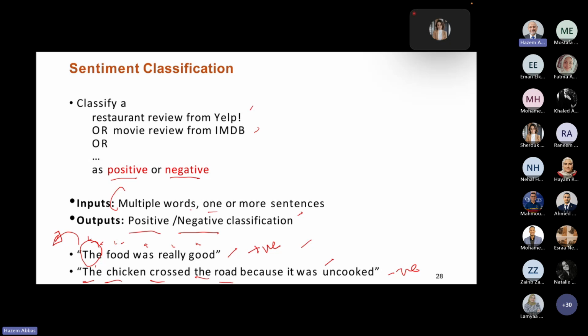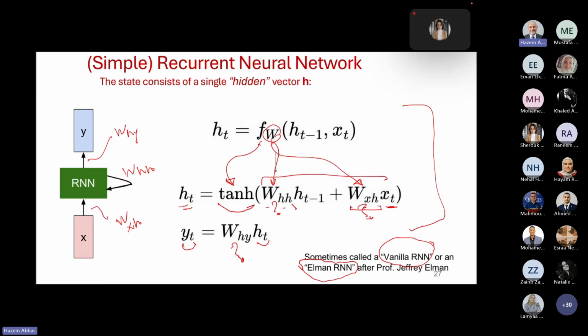So we have this input going to the hidden layer. In order to link the food with that, we're going to use the representation. Look at the hidden layer representation as if it is some sort of representation of the word.